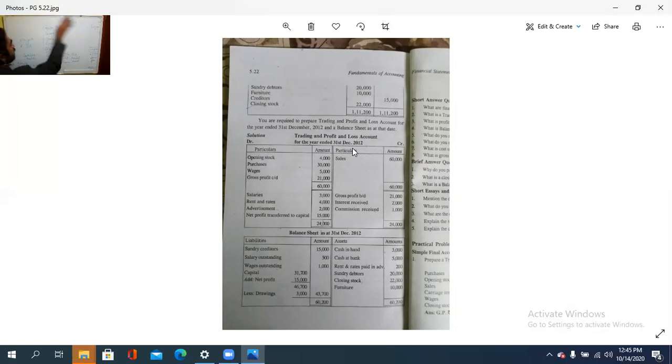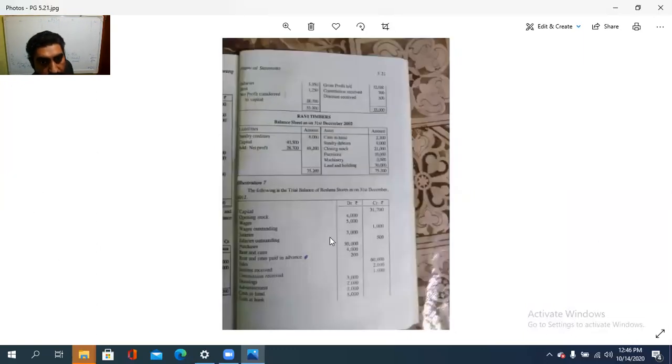Then we are going to prepare the balance sheet. This is asset, this is liability, amount. First of all, capital 31,700 in a column, and net profit, how much is it? 15,000.